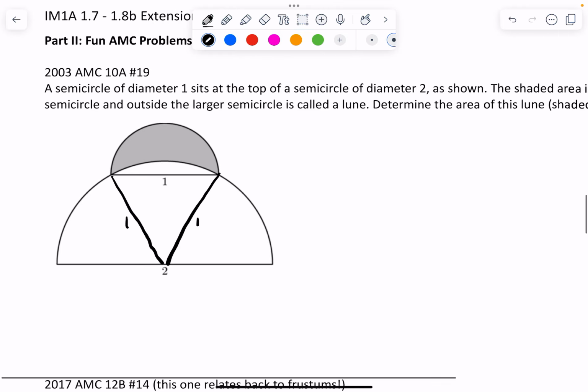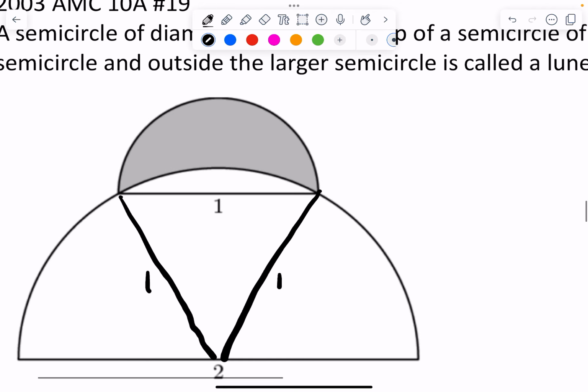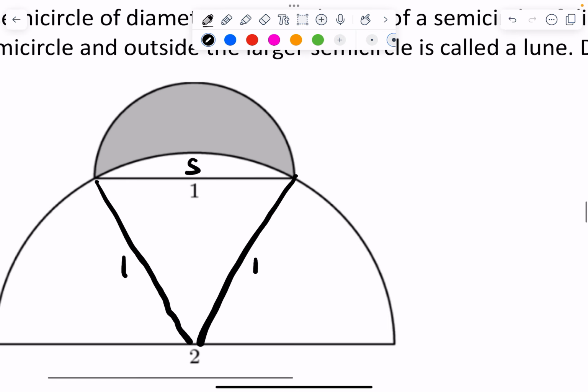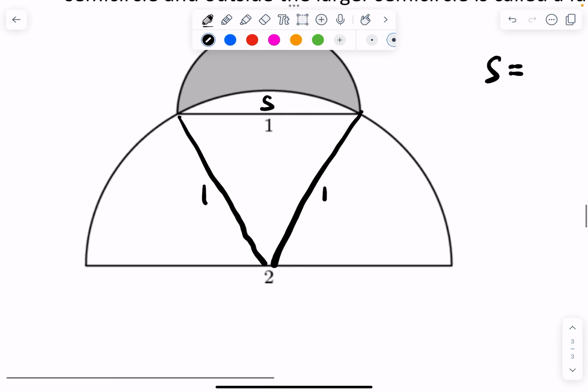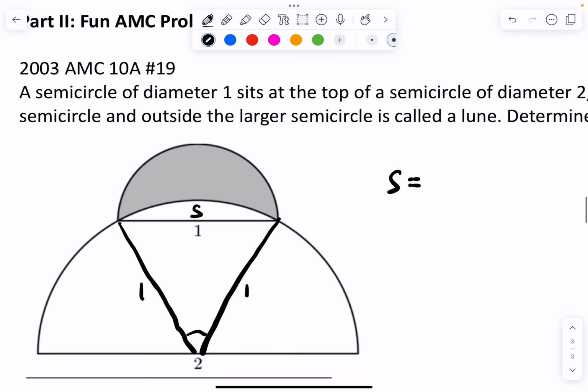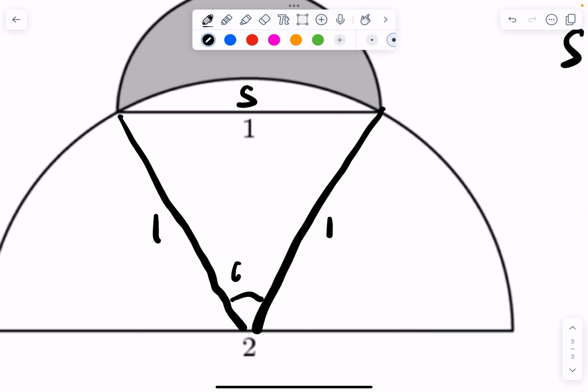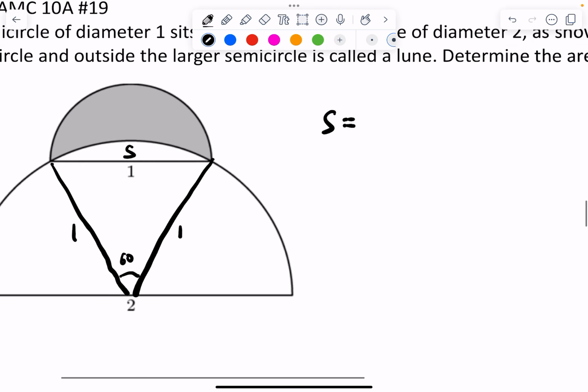So how would we solve this? Let's say this area is S, right? The area of this small sector. S is equal to, and we know that this is 60 degrees, right? Yeah, this part is 60 degrees because it's an equilateral triangle.